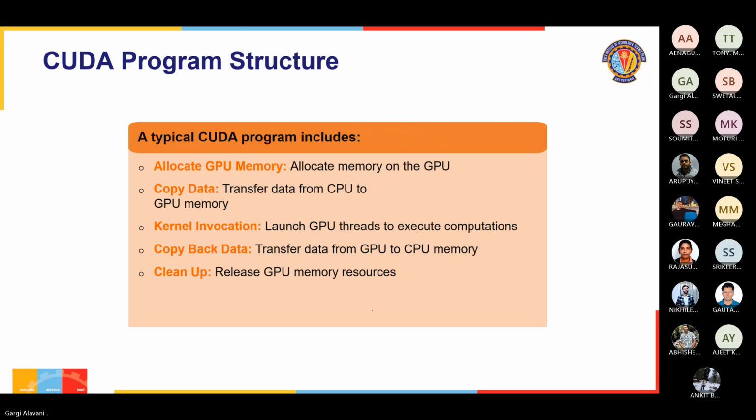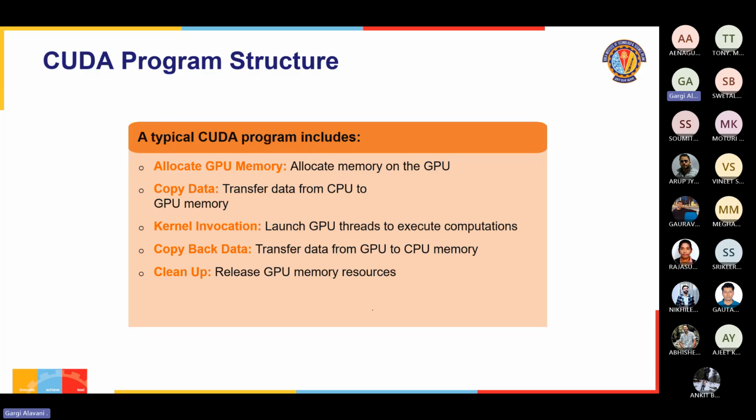But how can you design a program which involves doing some computation on the GPU, fetching data from your CPU to your GPU memory, and writing this memory back? This is how a typical CUDA program looks. You will allocate some memory on your GPU.